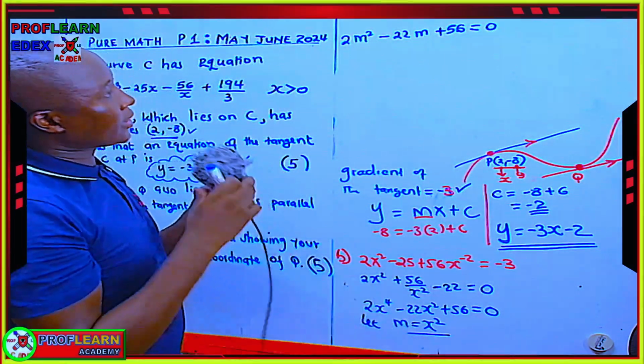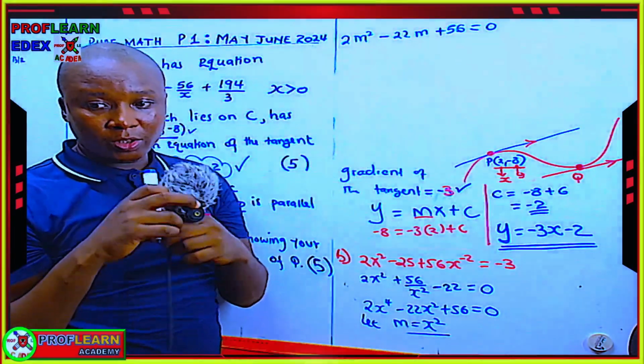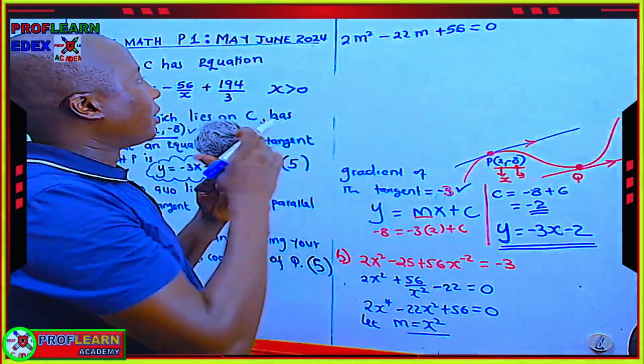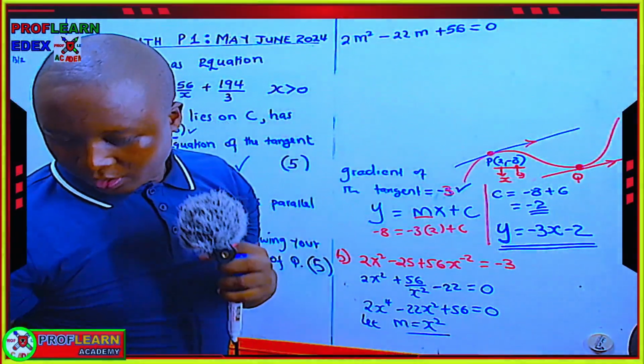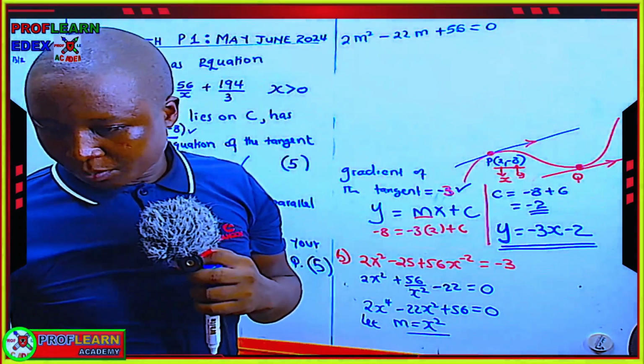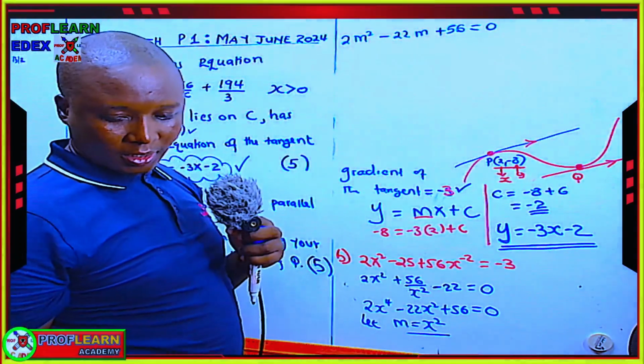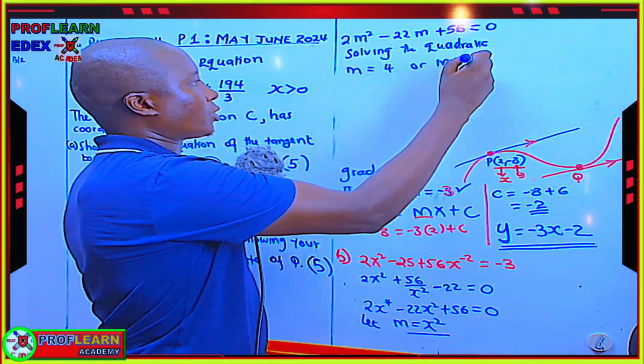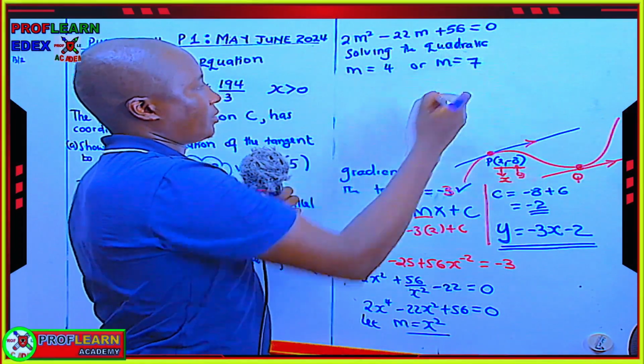I've let that so that I can form a quadratic equation, which we are going to solve. So if we solve this equation, let me just put this quadratic straight in the calculator. m is equal to 4 or m is equal to 7.